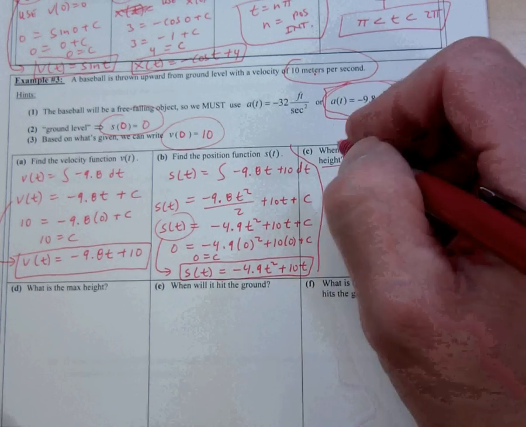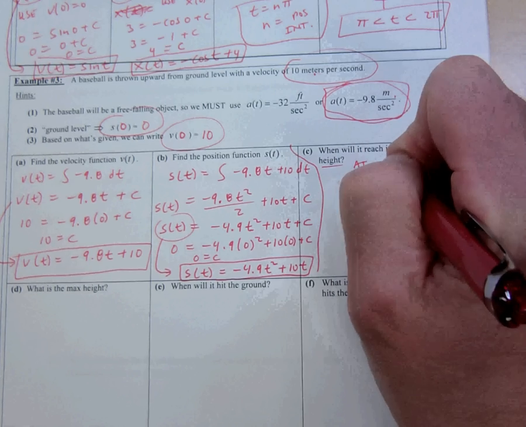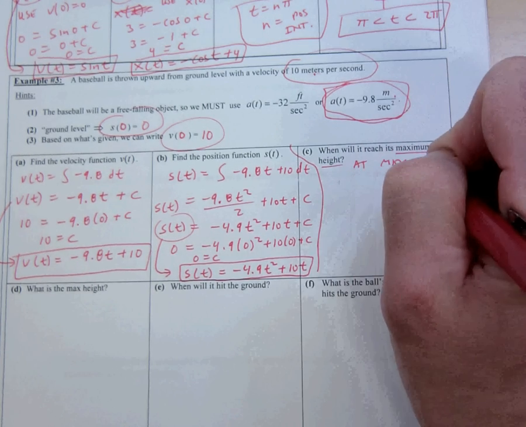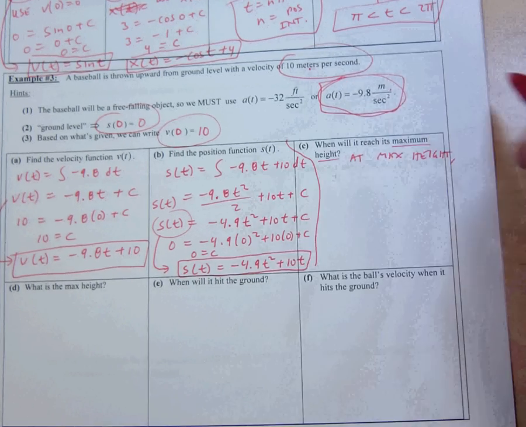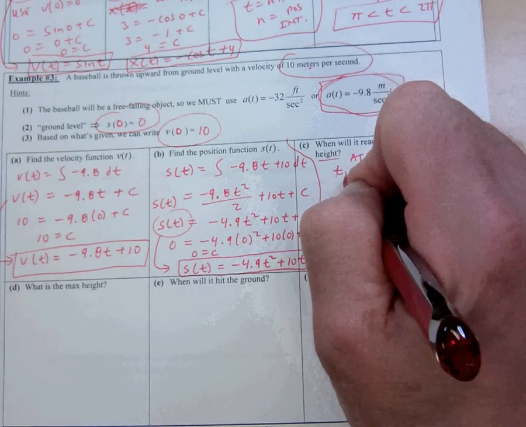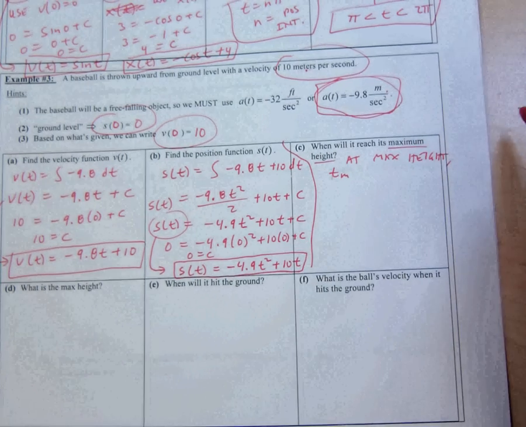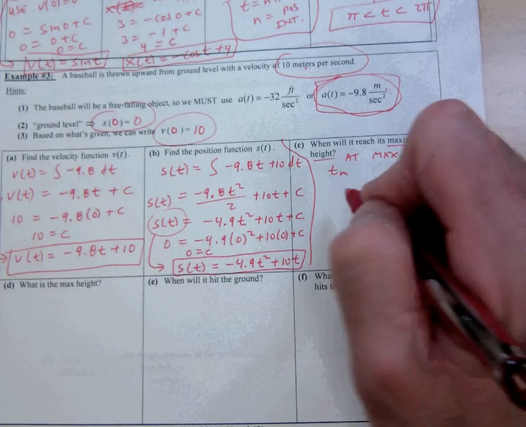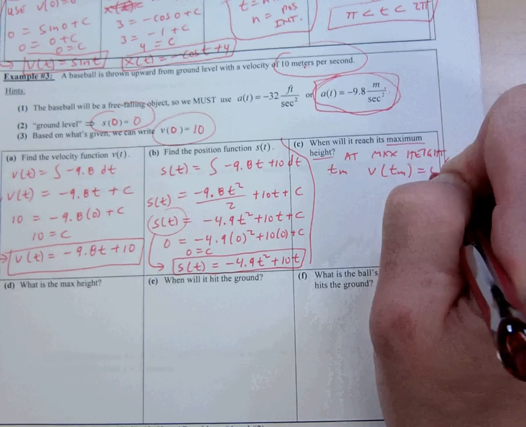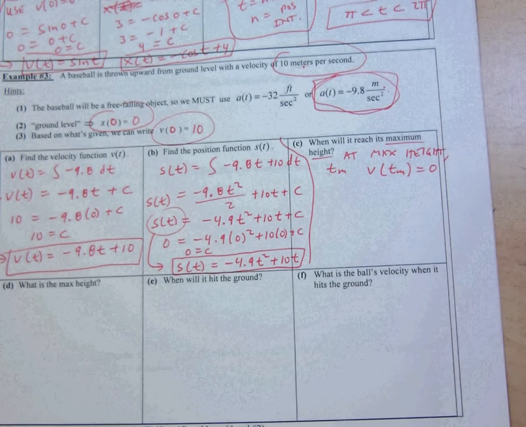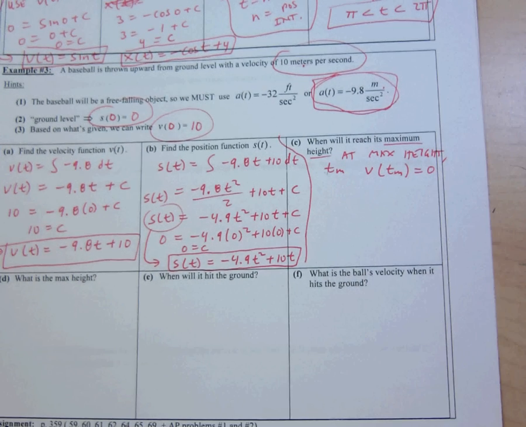At max height, what do we know? The velocity is 0. So if I let t sub m be the time that it reaches its maximum height, then I know the velocity at that time will be 0. Right? If I let t sub m be the time at which it reaches its max height, can't I say the velocity at that time is going to be 0? Right?